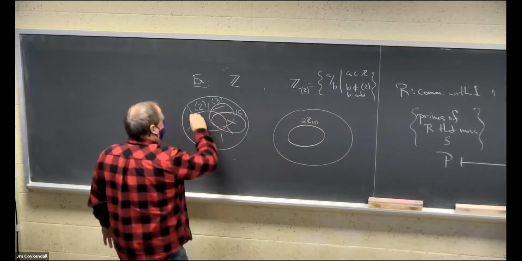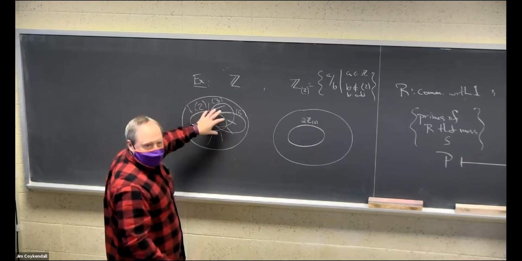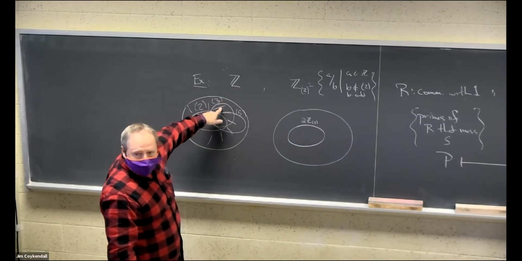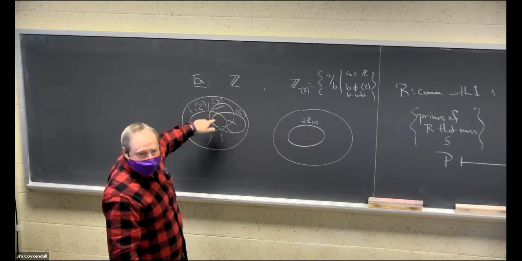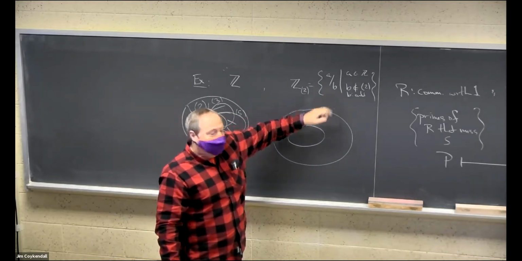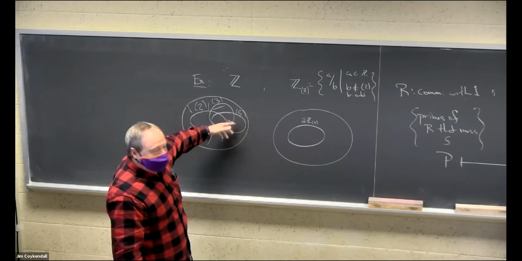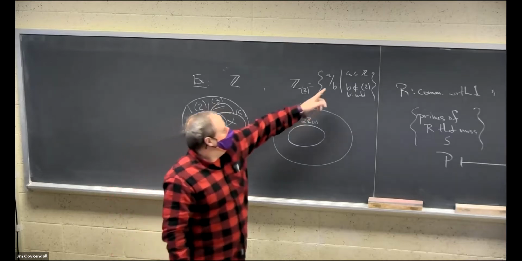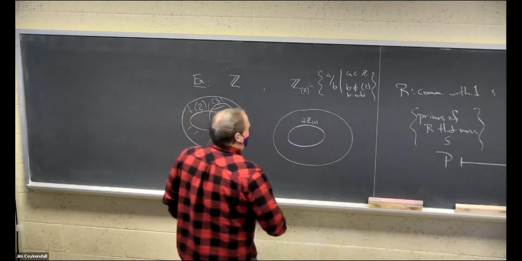This ideal right here, the 2 one, is the only one that survives. Everything else goes away, right? Because remember, 3 is outside of this ideal here. Well, now it's a unit because 1/3 has an odd denominator. 5 is outside of the ideal generated by 2, so it's a unit as well. And in fact, every prime that is not 2 now becomes a unit, basically evaporating everything except for 2.